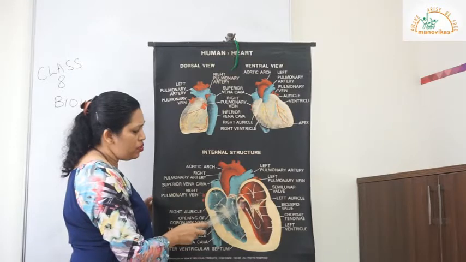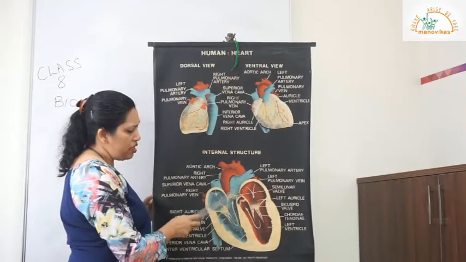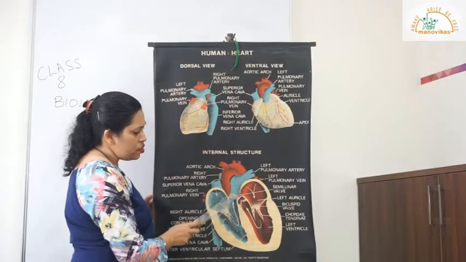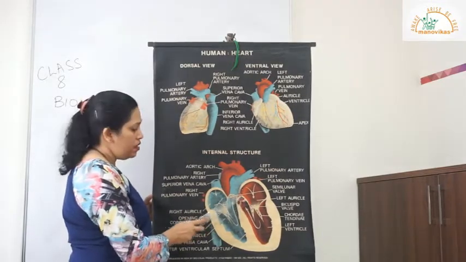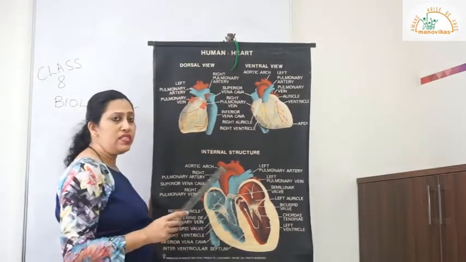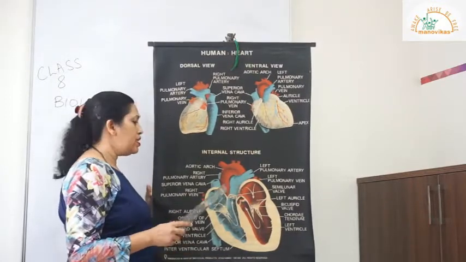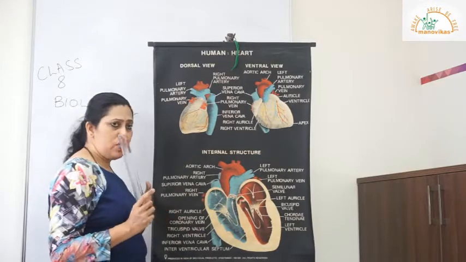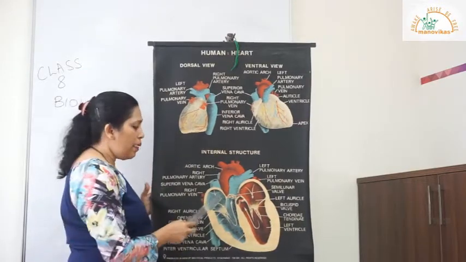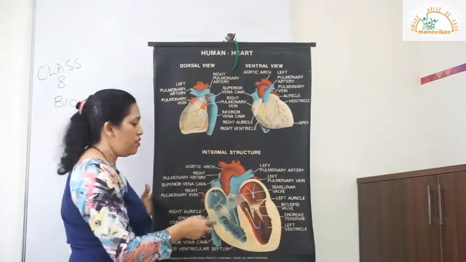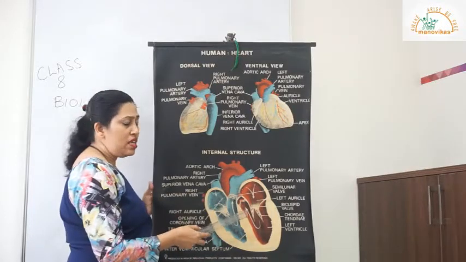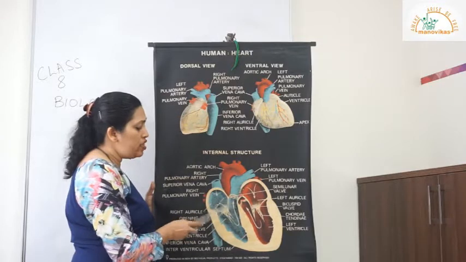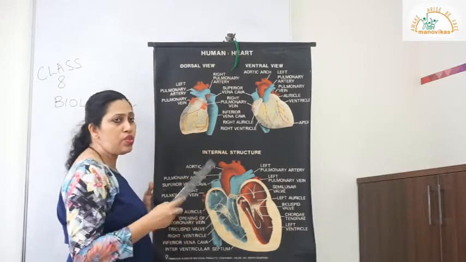There are semilunar valves in the pulmonary artery and the aorta, and they close together, making the second sound of the heartbeat, the dup sound. So the heartbeat constitutes a lub and a dup sound. It happens so fast, within seconds, that there is no time gap between the two. The dup sound is so quick.